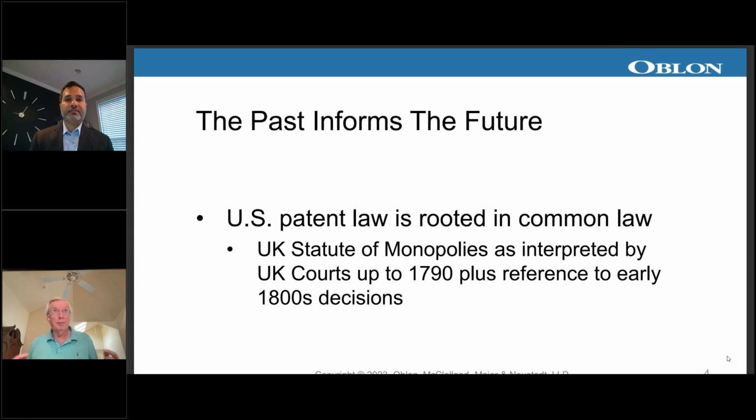And it begins with the United Kingdom statute of monopolies, although it was only England at the time, as interpreted by the UK courts up to about 1790, although the American courts have looked to the interpretation of it post that, and certainly as recently as Arthrex in deciding whether or not IPRs were constitutionally approved or not. So if you don't understand common law, you're probably not going to get what's going on with enablement.